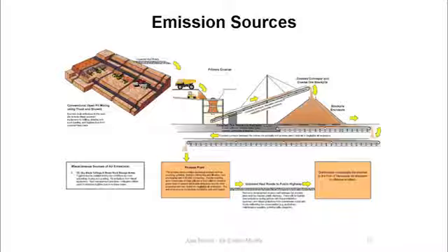So the emissions from all these sources are estimated. The controls that are planned, for example, this diagram shows covered stockpiles and water sprays on hoppers and water control for haul roads. All those are incorporated into the emission inputs that go into the model.